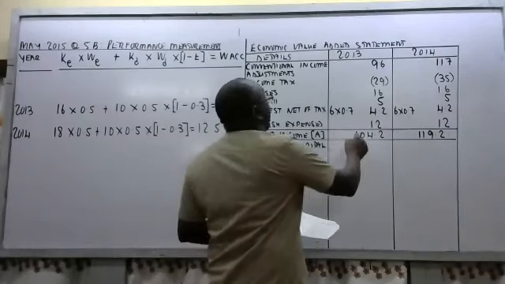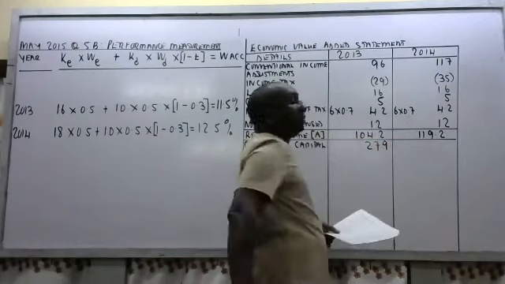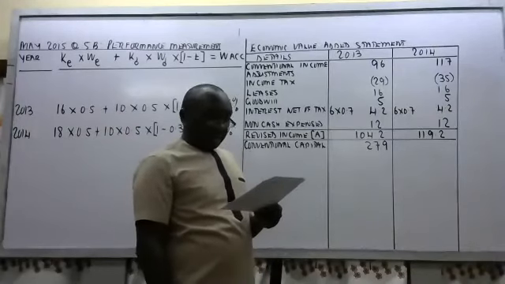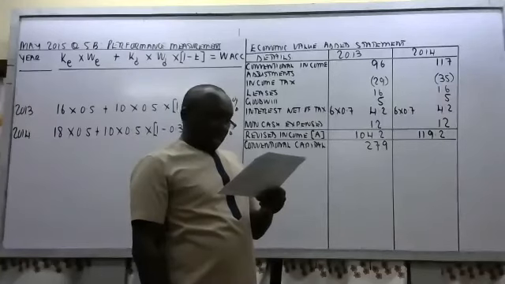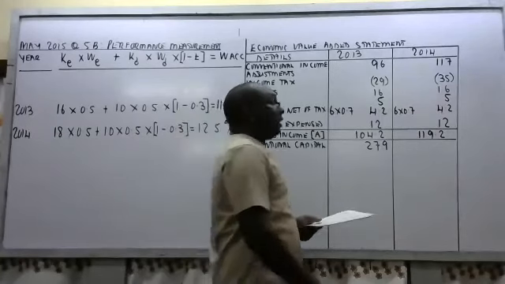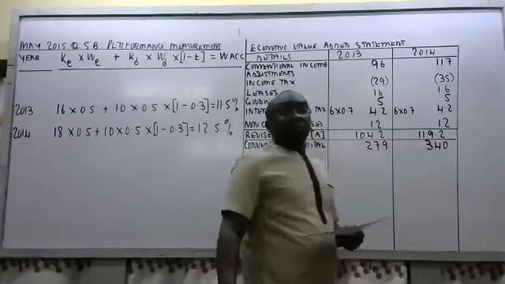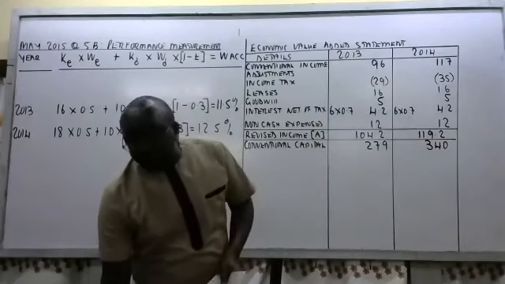So here you will use for 2013, 279. Then you go to the year 2013 in results, where you can see capital employed, it is 340. So this 340 is what you bring as the opening for 2014.